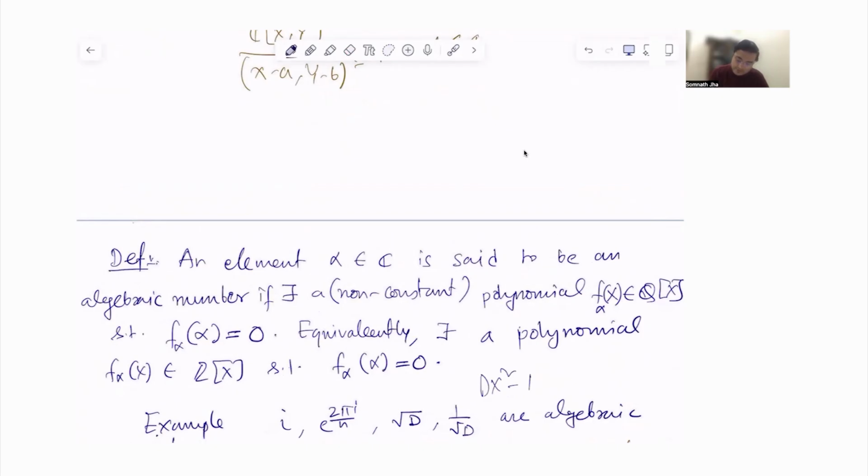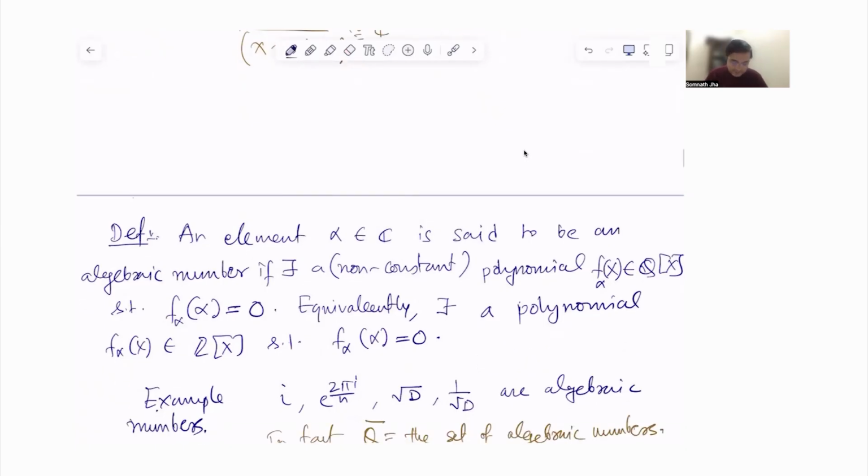This polynomial d x squared minus 1 belongs to Z[x]. So I can either say that it is a root of x squared minus 1 by d in Q[x], or I can say it is d x squared minus 1, and then it is in Z[x]. So both definitions make sense, and we have discussed this.